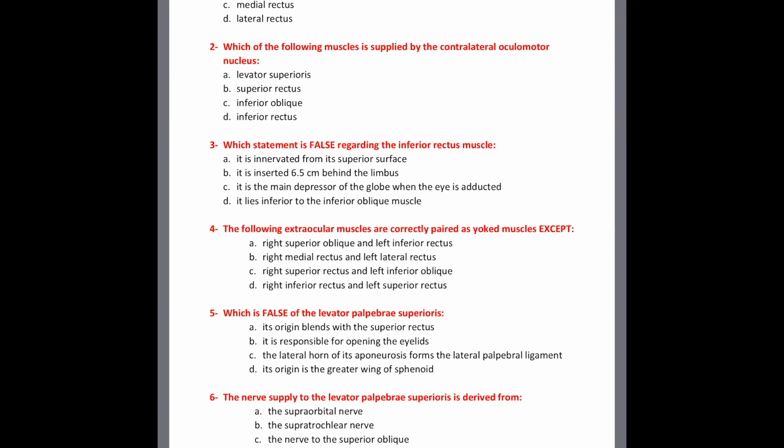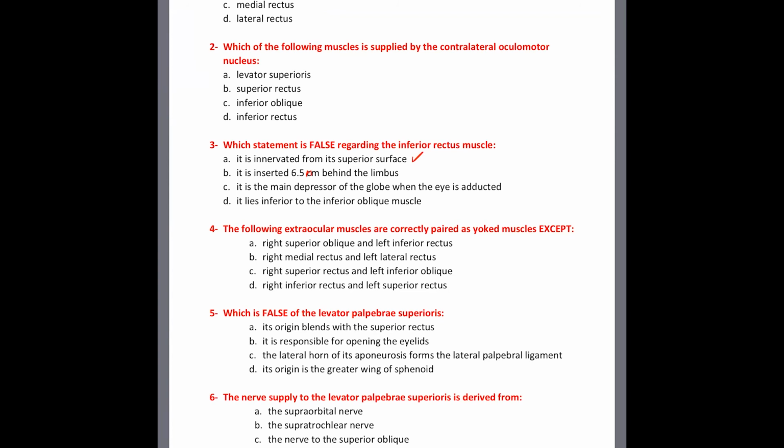Which statement is false regarding the inferior rectus muscle? A, it is innervated from its superior surface. True or false? This is absolutely true. B, it is inserted 6.5 millimeter, not centimeter, behind the limbus. True or false?